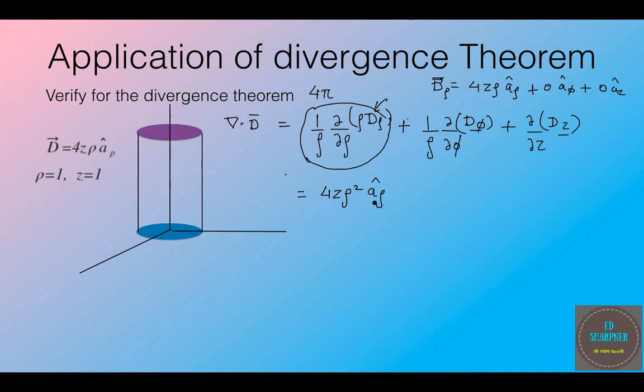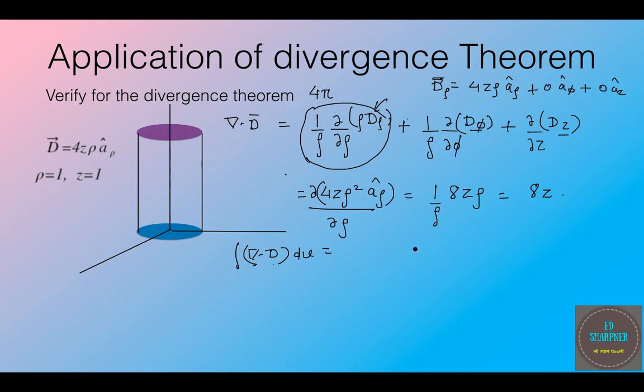This is nothing but rho D rho. And now we will operate this with del by del rho. So we are differentiating this with respect to rho, which gives us 8z rho, and we have 1 by rho out, which is 8z. So this is del dot D. According to divergence theorem, the integral of del dot D dv gives us the answer.